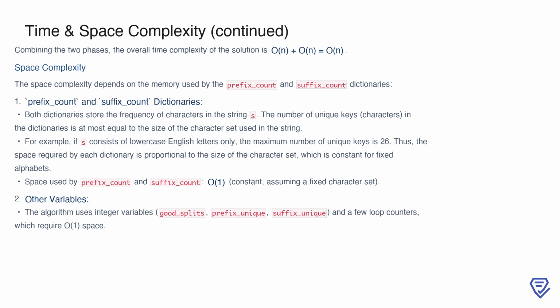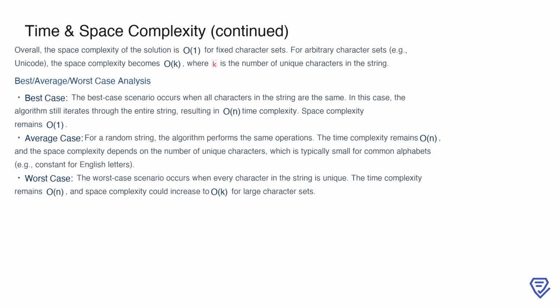Thus, the space usage for these dictionaries is O(1) for fixed alphabets. Additionally, the algorithm requires a few integer variables like good_splits, prefix_unique, and suffix_unique, which also consume constant space, making their contribution O(1). In conclusion, the overall space complexity is O(1) for fixed character sets.